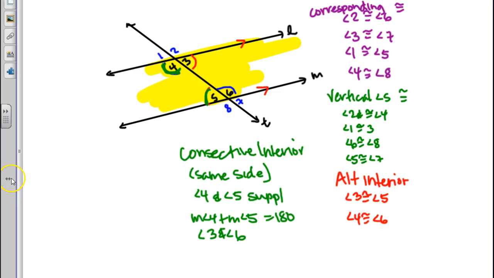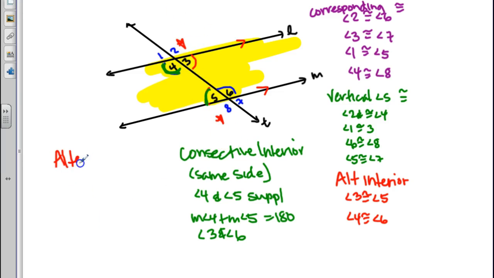All right, theorem 3-3, alternate exterior angles are congruent. Alternate exterior angles. All right, so where would that be? So we're going to alternate the transversal and we're exterior, we're outside the yellow. So how about 2 and 8? Flipping from the right side of the transversal to the left side. So I'm talking about T, flipping sides, and then staying on the outside.